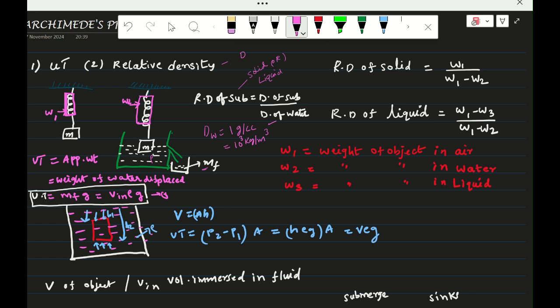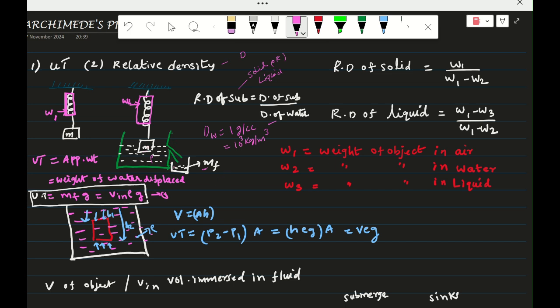That weight of the water displaced is equal to mass of the fluid displaced into g, which is equal to weight of the body in water. Weight of the body in water, apparent weight, both are same, that is equal to upthrust. Weight of the water displaced depends on the volume of the body immersed, that much water only comes out.